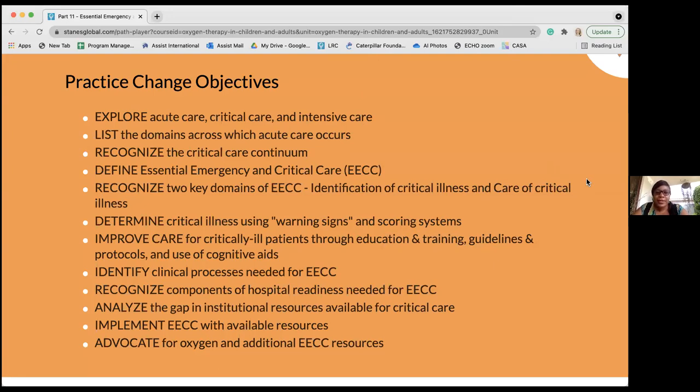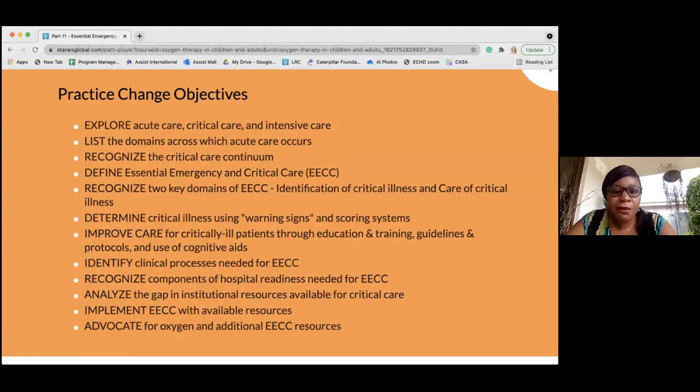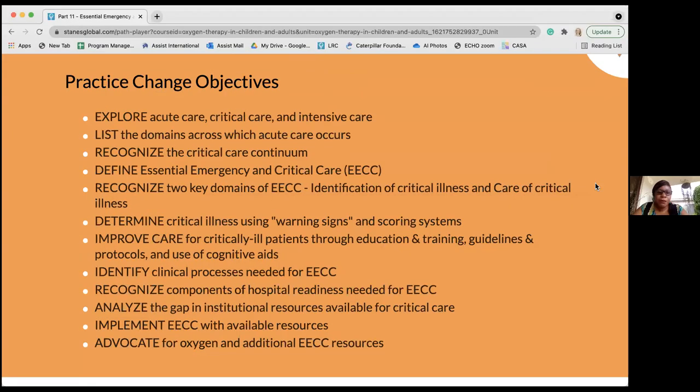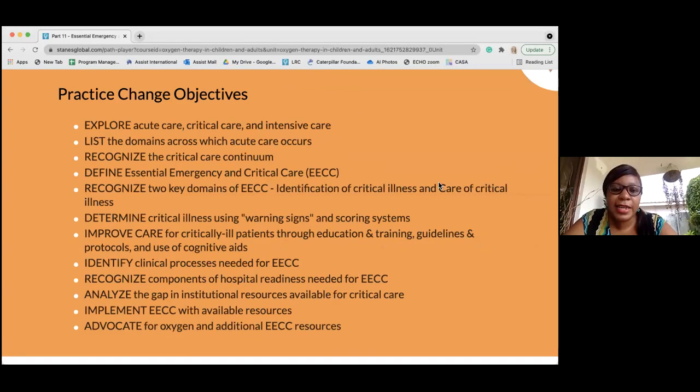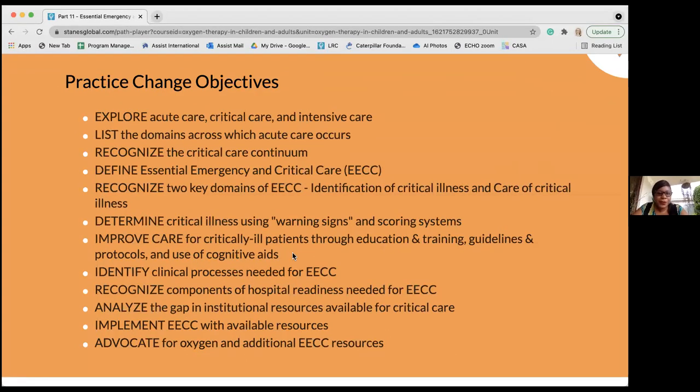We analyze the gap in our institutions, especially in terms of resources. We look at the implementation with whatever resources we have available. And then we advocate for additional resources, especially in the advent of COVID-19 in terms of medical oxygen. Okay, Sarah, we can move on.